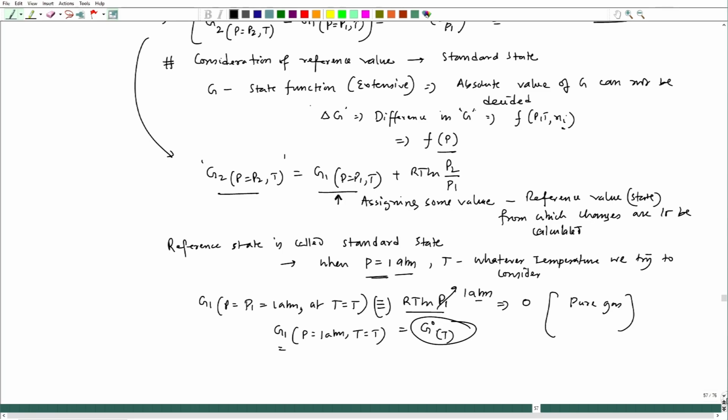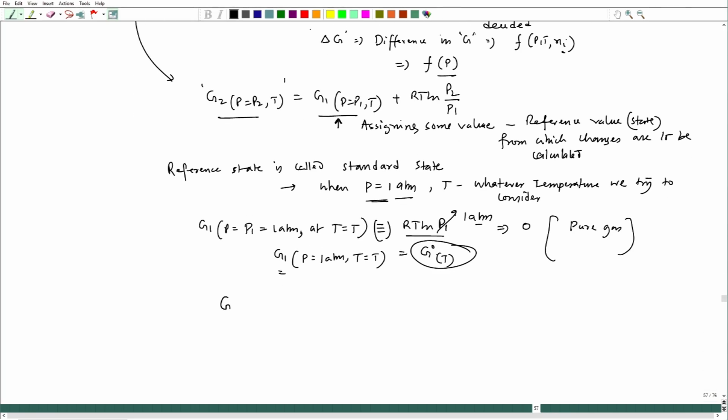So, then the final equation turns out to be G at P, that is the final pressure at T, should be equal to G at P equal to 1 atmosphere at T, with a naught.